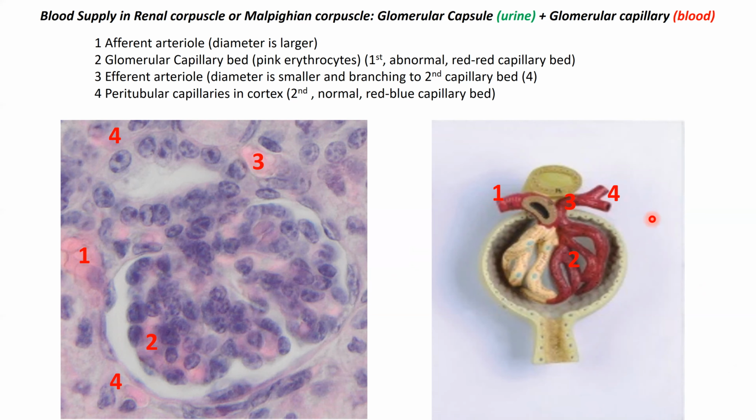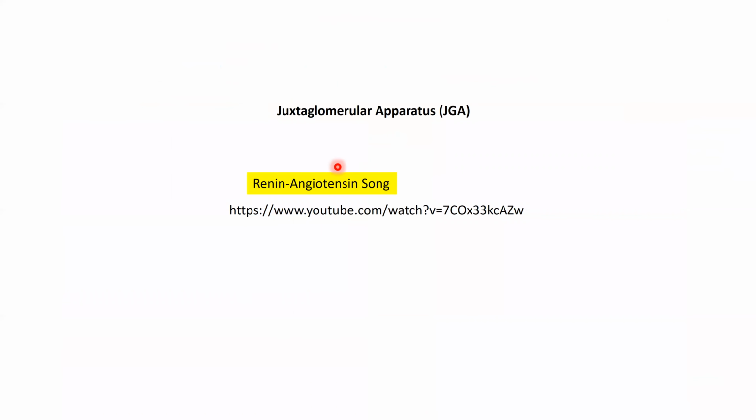It branches to create the second capillary bed of the kidney, that we're going to call peritubular capillary, number 4. But on the slides, anywhere you see red blood cells all around in the cortex, it is the peritubular capillaries in the cortex. The next video is going to talk about the juxtaglomerular apparatus.